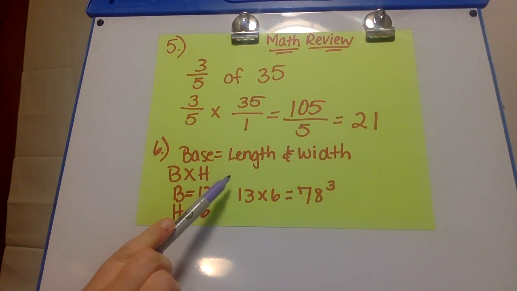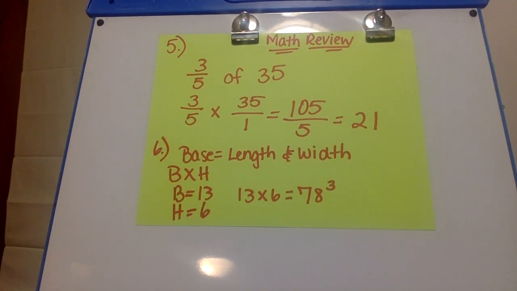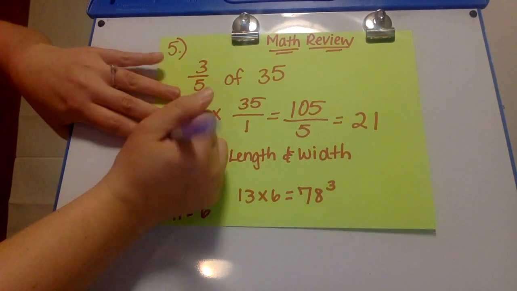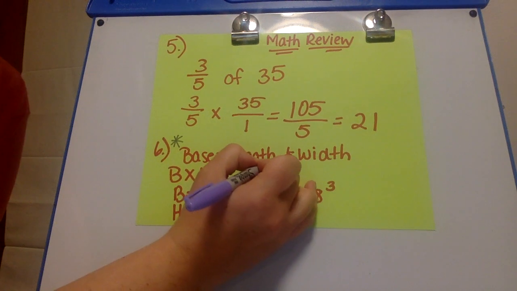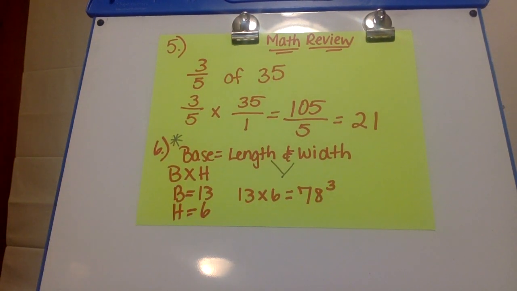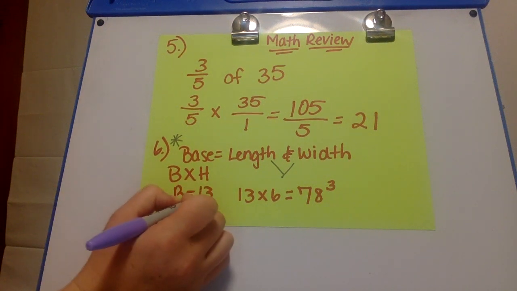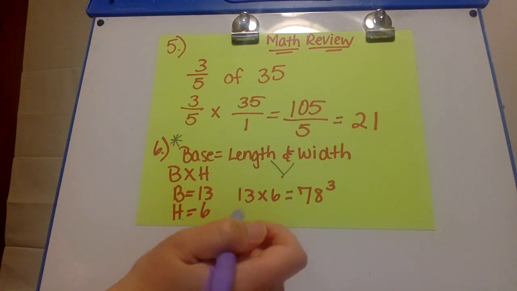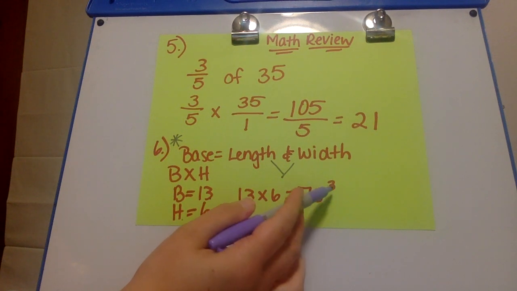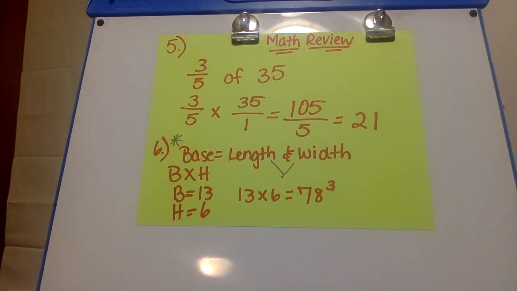Our last problem having to do with base times height, I want you to remember base is a combination of the length and the width. Then we have base equals 13, height equals 6. 13 times 6 equals 78 to the third power.